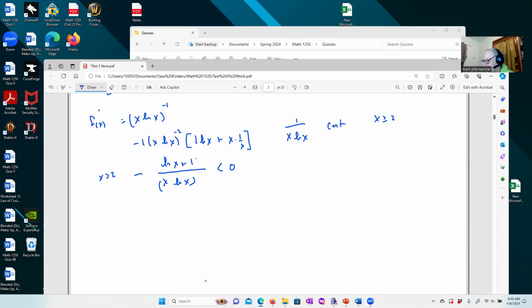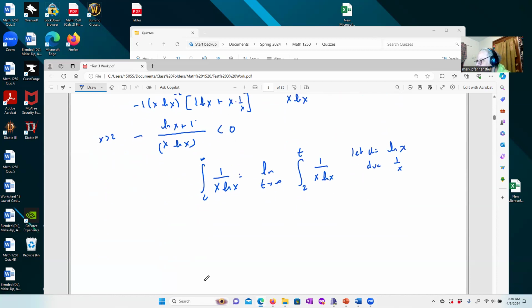Again, I'm going to replace the n's with x's. The integral from 2 to infinity of 1 over x ln x, and of course, this is an improper integral. So the limit as t goes to infinity of the integral from 2 to t of 1 over x ln x. We'll let u equal ln x, so du equals 1 over x dx.